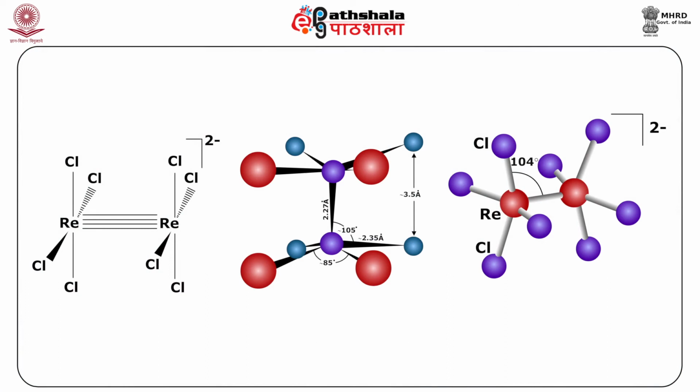Surprisingly, the Re-Re bond distance was found to be 224 picometers, which is very less than the average Re-Re distance, which is 275 picometers in rhenium metal. Secondly, the distance between the chlorine atoms is nearly 330 picometers, which is less than the sum of their van der Waals radii, which comes out to be 340 to 360 picometers.